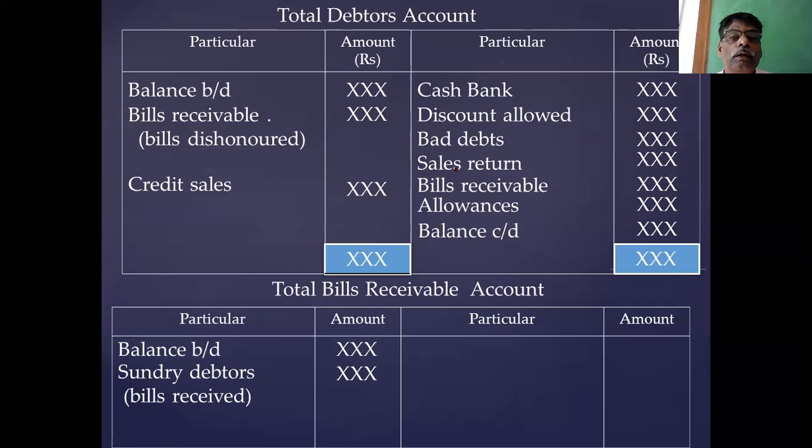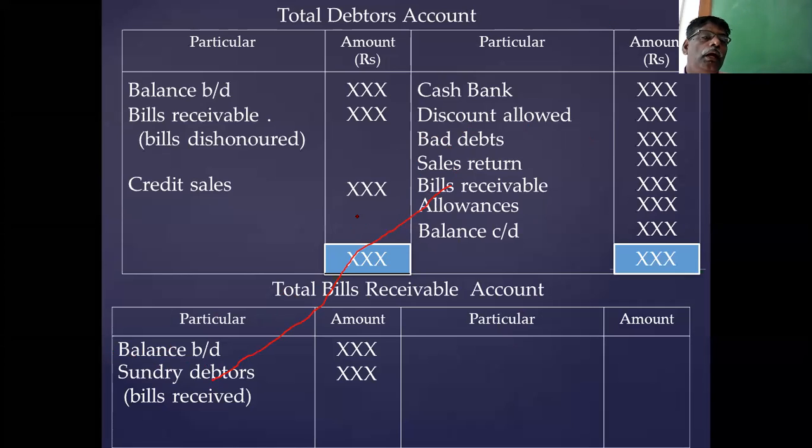You see here, this bills receivable comes to sundry debtors here. This is the point you remember. If this amount is calculated, you go above. You come from the debtors to bills receivable or bills receivable to debtors. This is the point you remember.